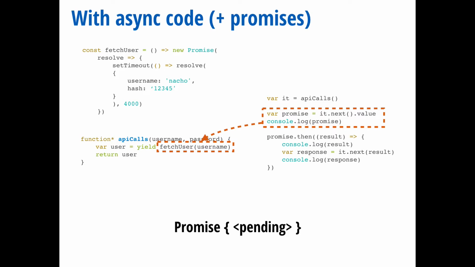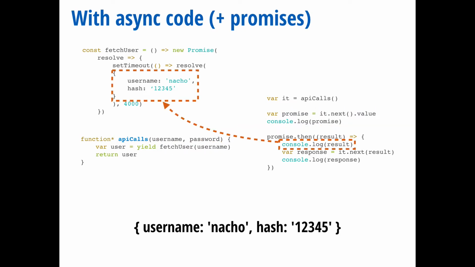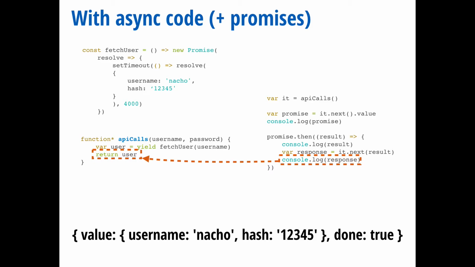But we can say, okay, when the promise is resolved, we call next and inject this value back into the generator. We have this result, we inject it into the generator, it substitutes the first yield, and we can get it back.